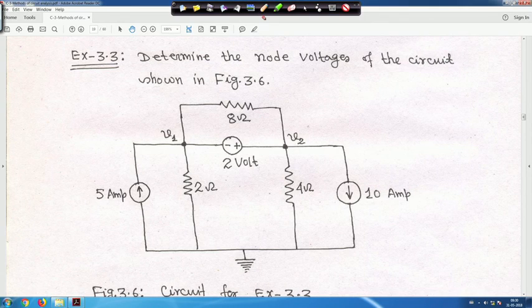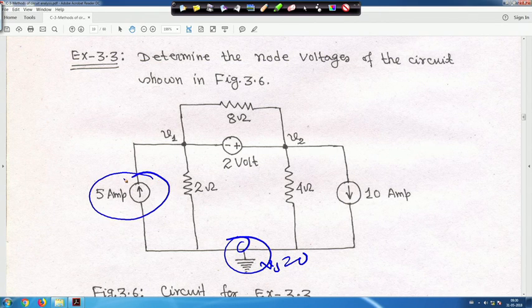Now this example is actually a super node, because this is your reference node, this row, and its voltage is V0 equal to 0. In this case one independent current source, 5 ampere, is connected at node 1, so this 5 ampere current is entering this node.